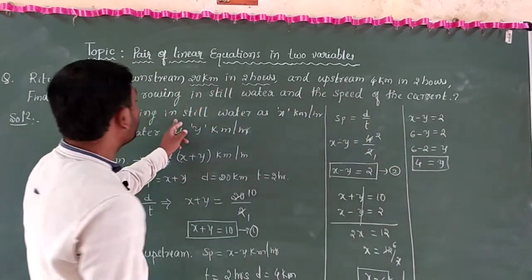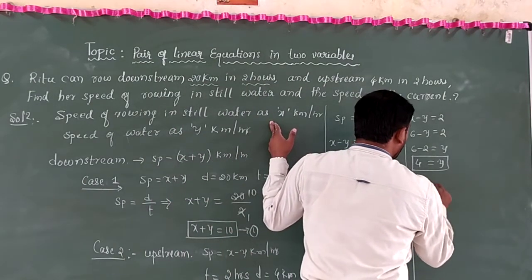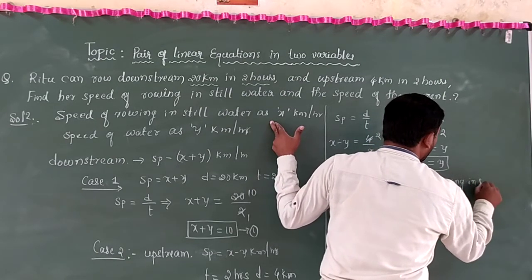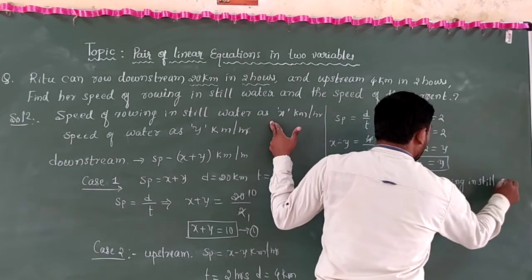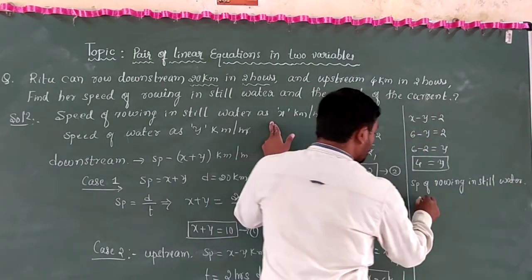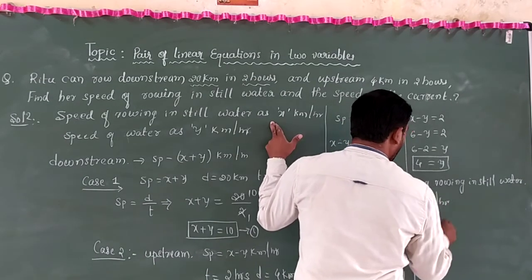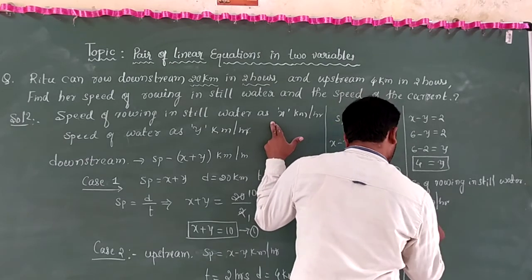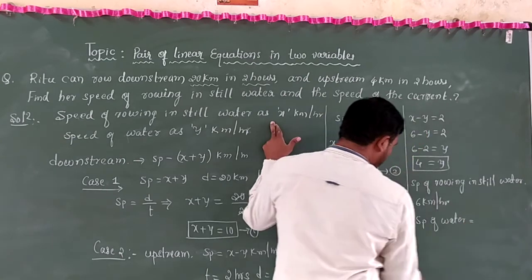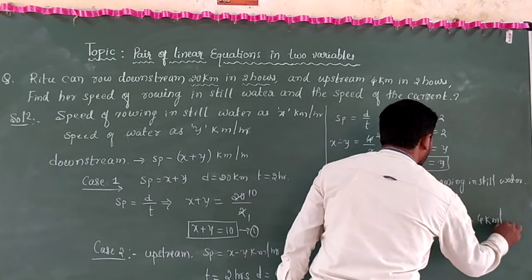So the speed of rowing in still water is 6 kilometer per hour, and the speed of water is 4 kilometer per hour, children.